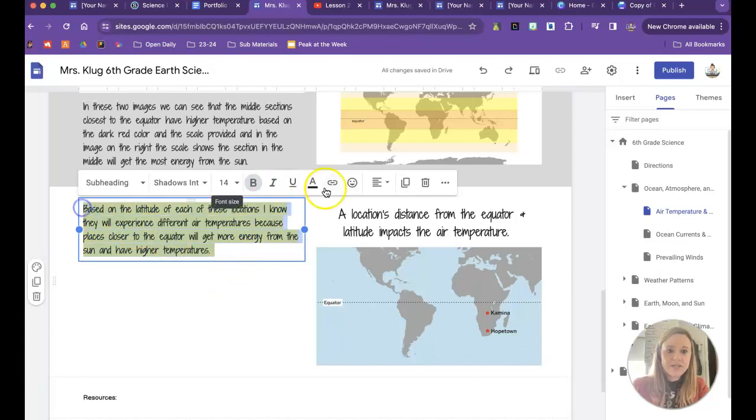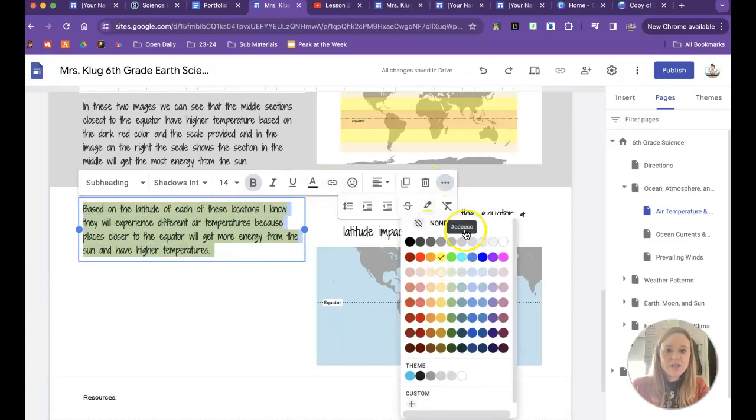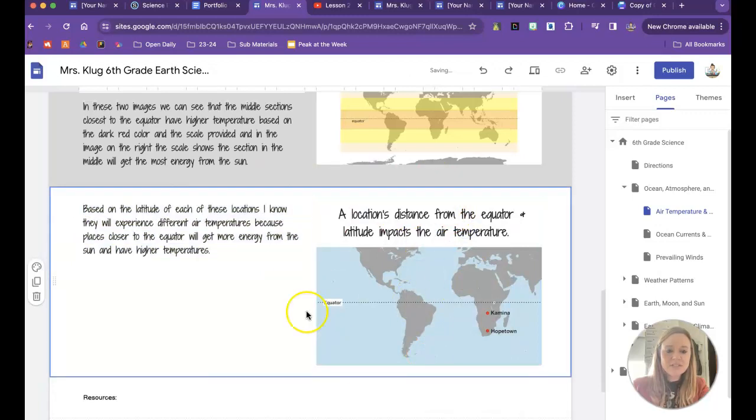And that is how I can explain how I know each of these places will have a different temperature.